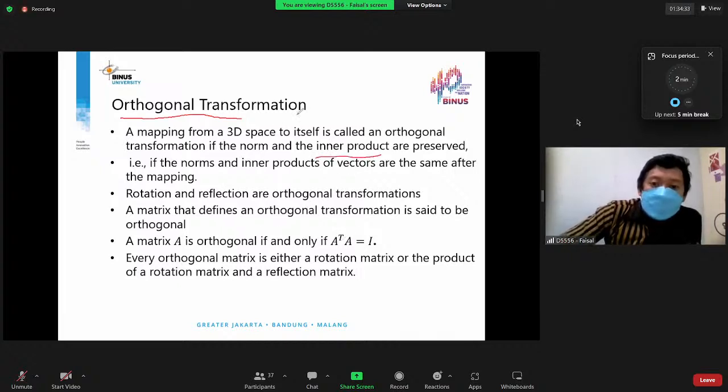An orthogonal matrix is also a linear transformation. Examples of orthogonal transformations are rotation and reflection.